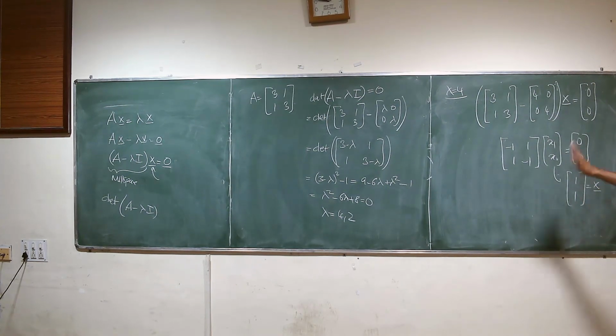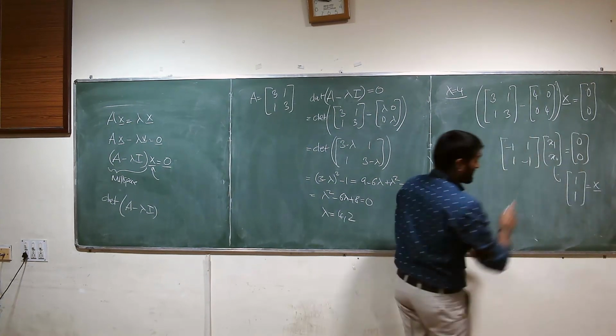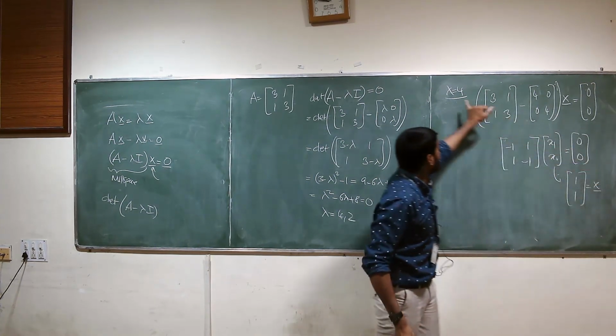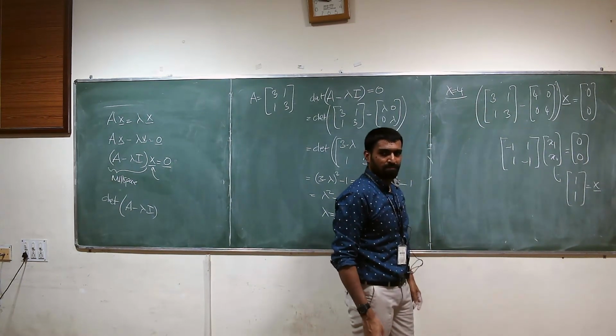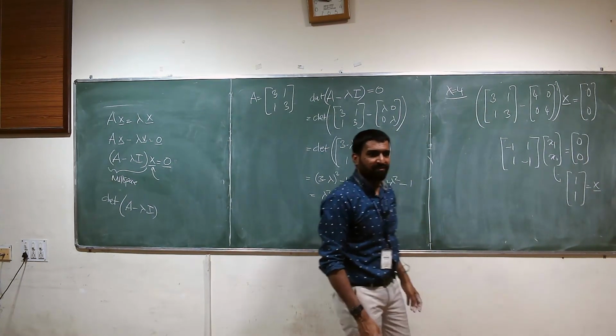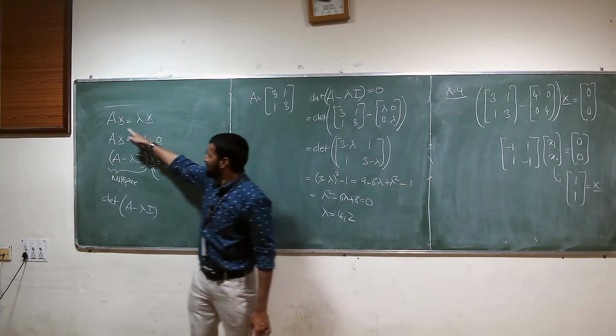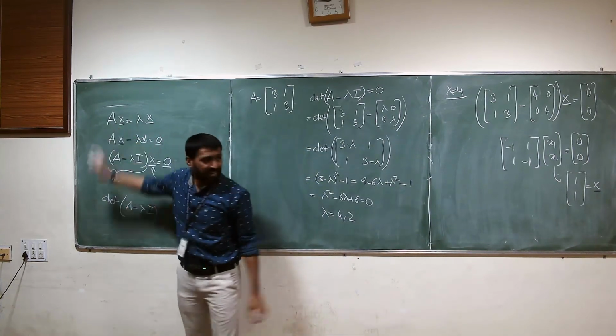You don't have to trust this. We can verify if this is correct. How will you verify that this is in fact an eigenvector of A with eigenvalue 4? Well, you substitute this. Find out if A times 1, 1 is 4, 4.